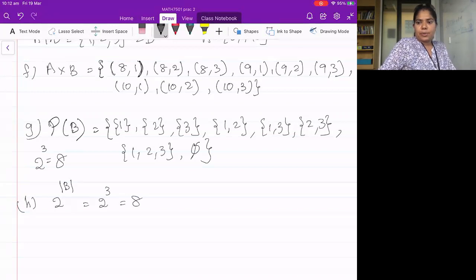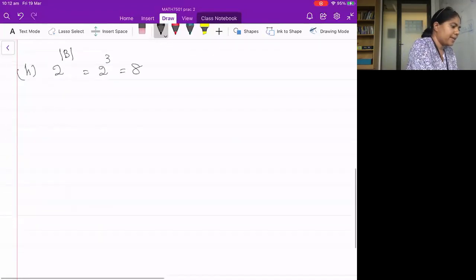Question 2 is about properties of sets again.